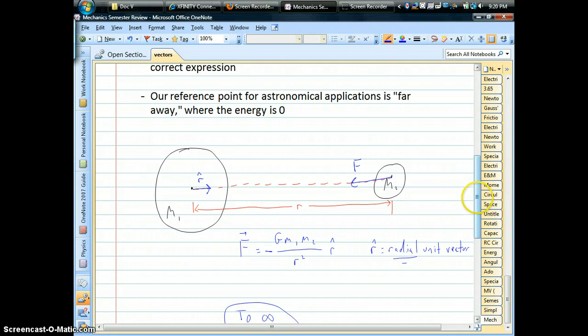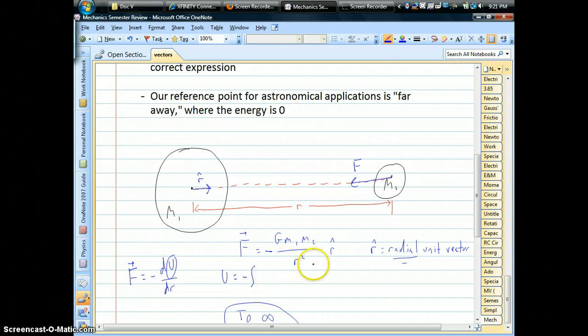So what about the energy, though? Well, we've got this relationship between force and potential energy. Force is the negative gradient of potential energy. Okay, there's this negative derivative with respect to position. So if we want to solve for the potential energy, we're going to have to use an antiderivative. We have to integrate.